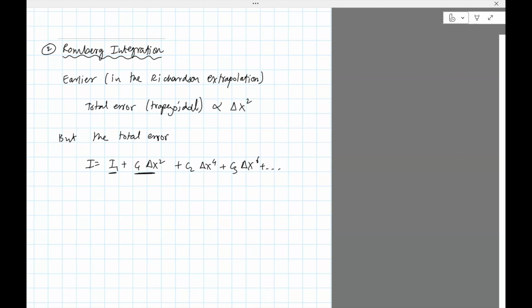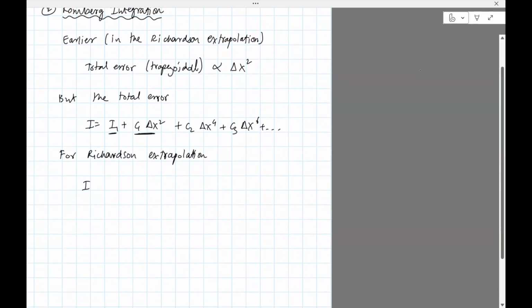Okay. Now what we did for Richardson extrapolation, we assumed I is I1 plus C1 delta x square, effectively ignoring the higher delta x4 and so on.